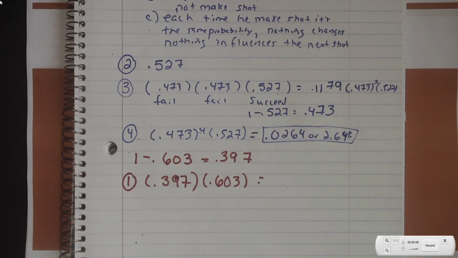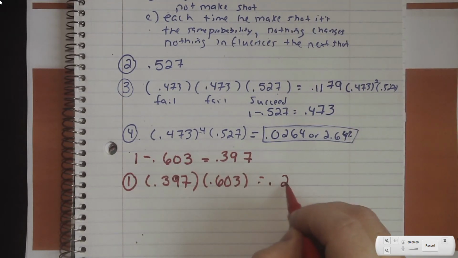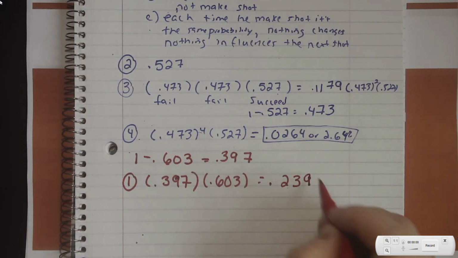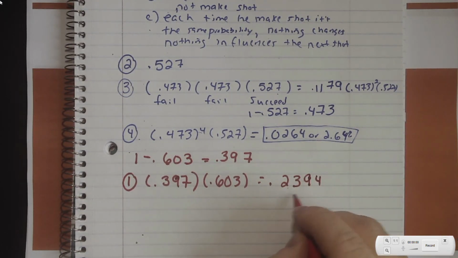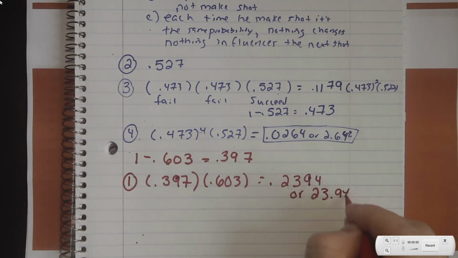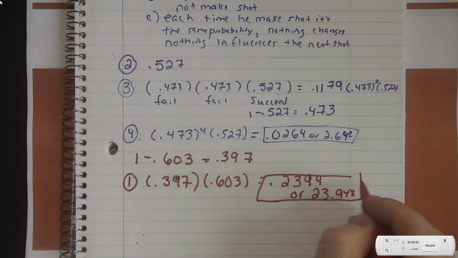And that would give me 0.2394, or 23.94%, as many of my students see me doing all the time, switching it over.